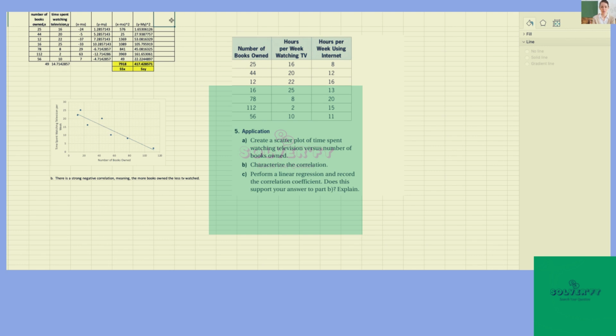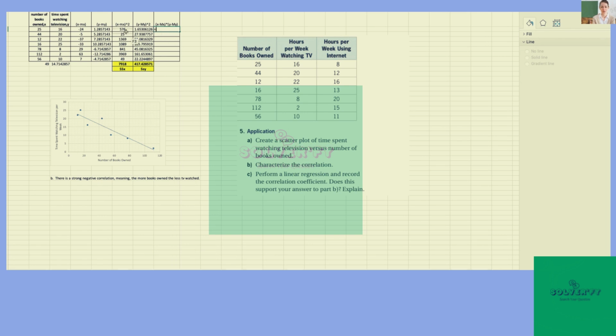Then I'm going to take X minus the mean of X times Y minus the mean of Y. So that's going to be this value times this value.